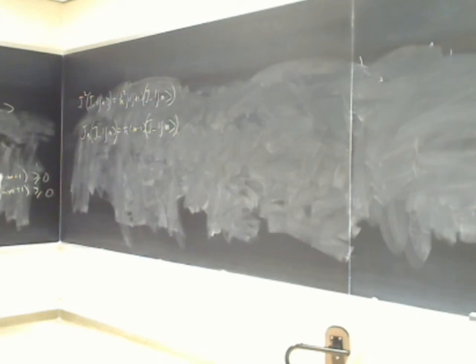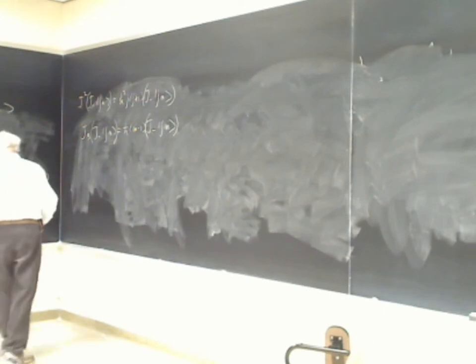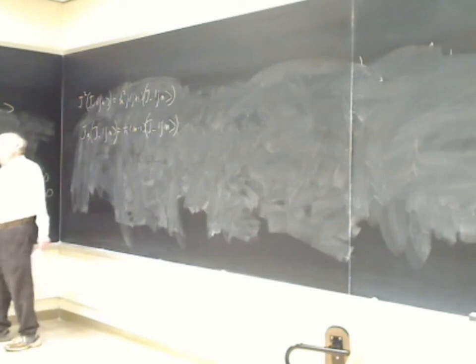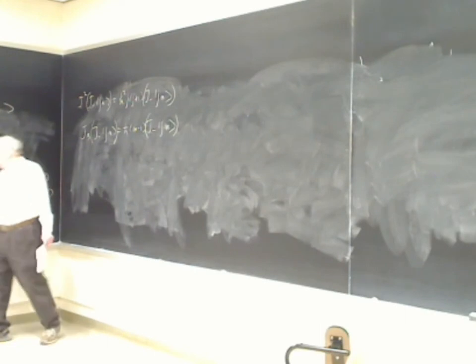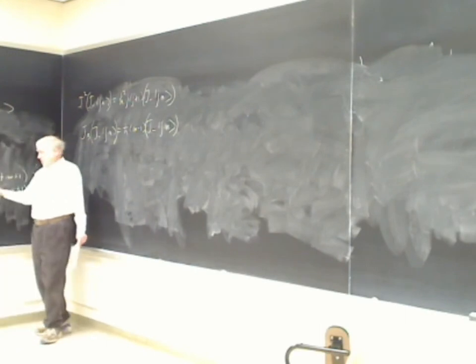Okay, now we want to fool around with J plus. So the first thing, I guess, is to go back to this expression here and see that if we set m equal to j, then we get 0.